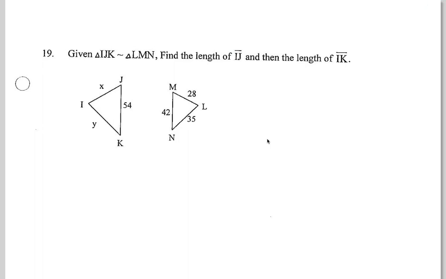All right, next one. Find the length of IJ and then IK. So basically, we're looking for x and y. So x is IJ, and IJ I can see goes with LM, and IK goes with LN.